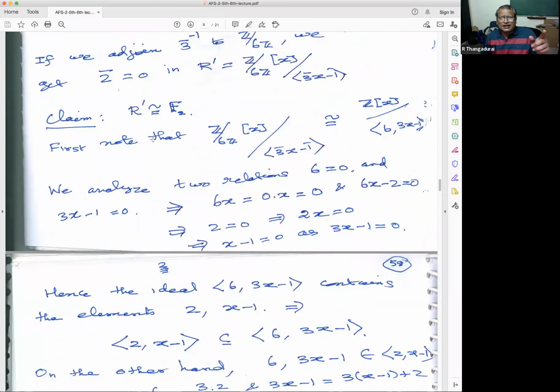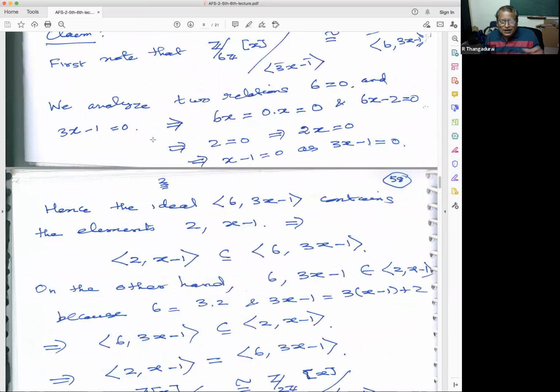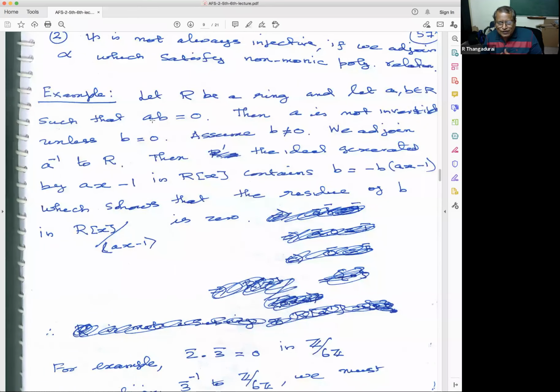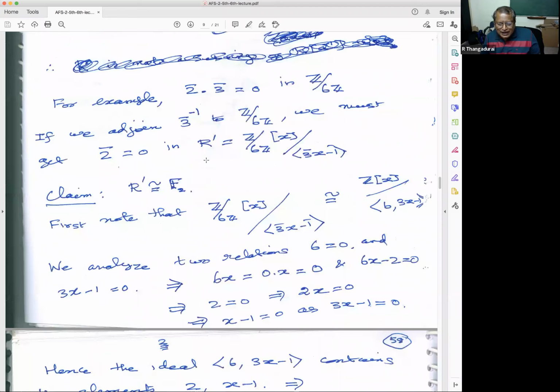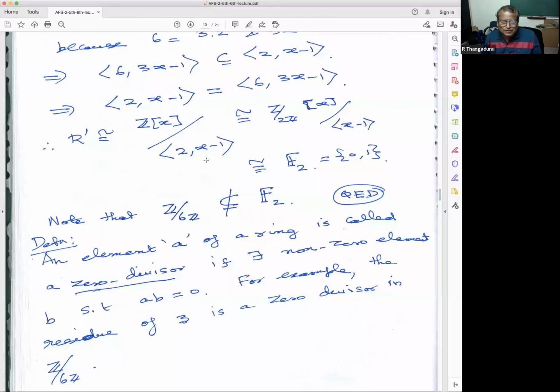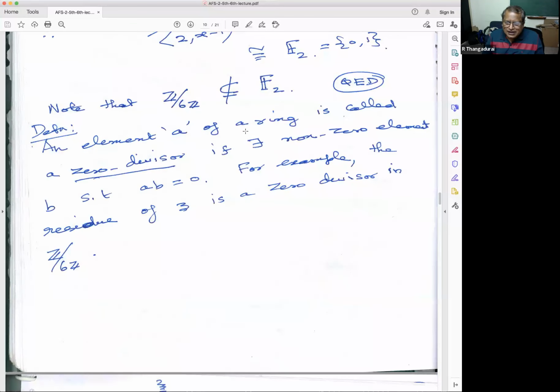Here we looked at a very particular case: A times b is 0. This kind of element is called, as you possibly already know, a zero divisor. An element A of the ring is called a zero divisor if there exists a non-zero element B such that A times B is 0. For example, 3 is a zero divisor in Z mod 6Z, because 2 times 3 is 6, which is 0 here.